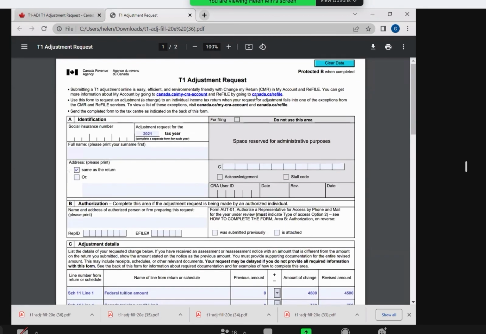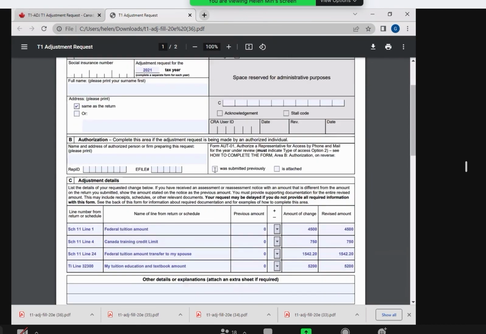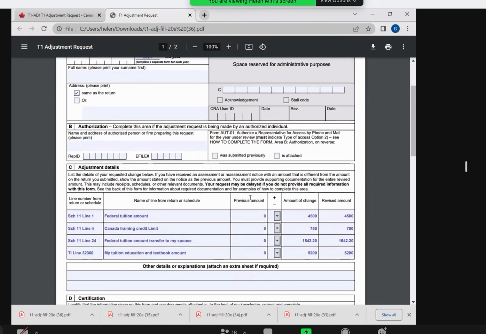The T1 adjustment is not a fun thing to do, right? So you have to make sure you're doing it right. You have to double check, triple check. Otherwise, don't do it, okay? The T1 adjustment, you have to make sure it's 100% right.